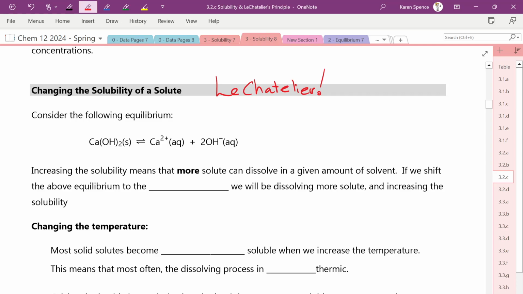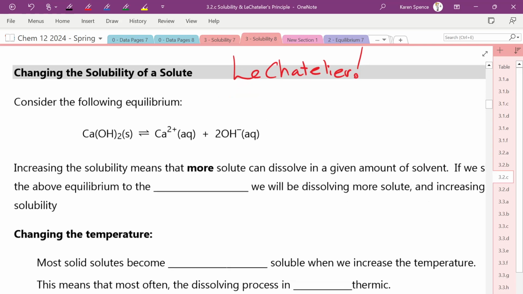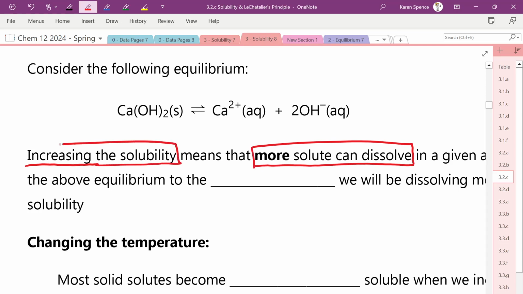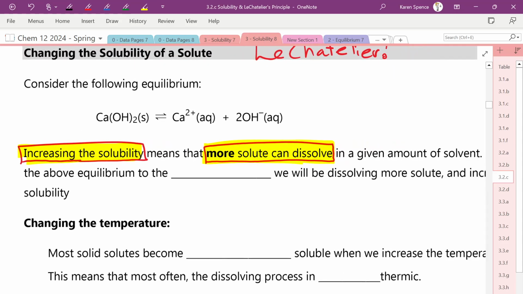How can we change the solubility? Well, if we've got this equilibrium here, if we want to increase the solubility, that means we want more solute to dissolve. So if we're increasing the solubility, that means more solute can dissolve in a given amount of solvent.